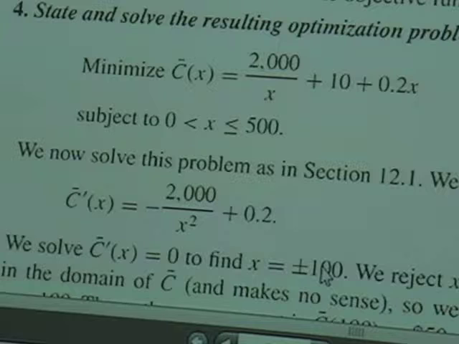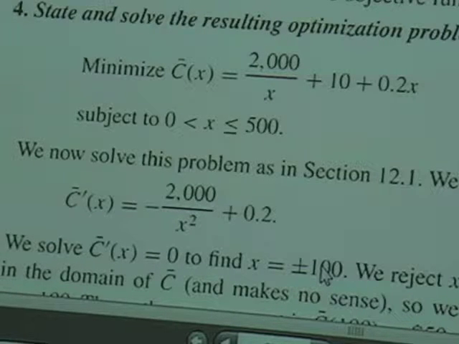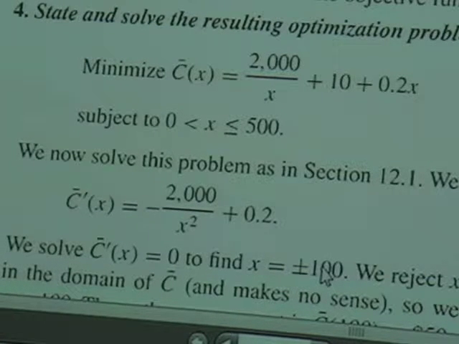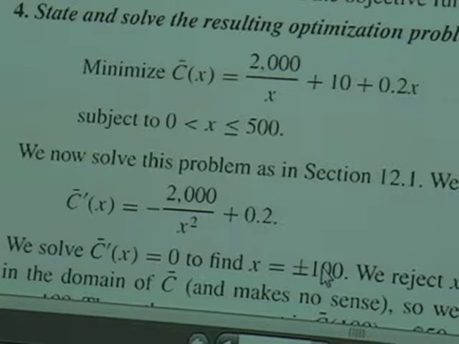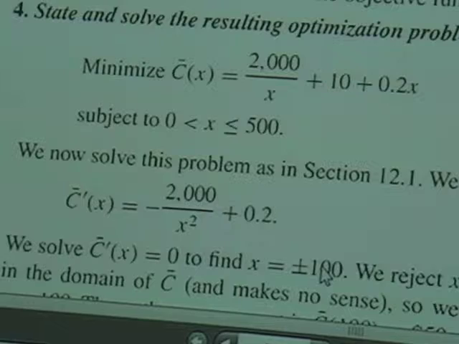Now, we still do not know what? We found out where the curve is flat, but we don't know whether it's a maximum there or a minimum, right? So we still don't know that.